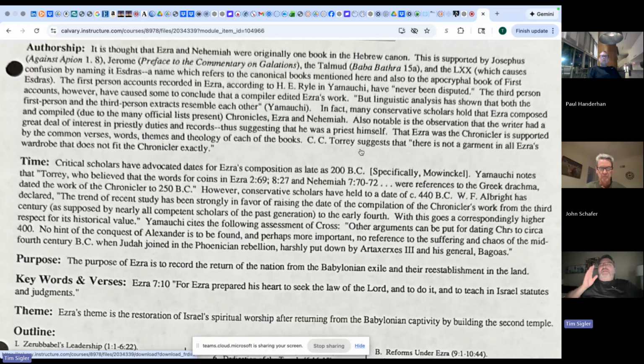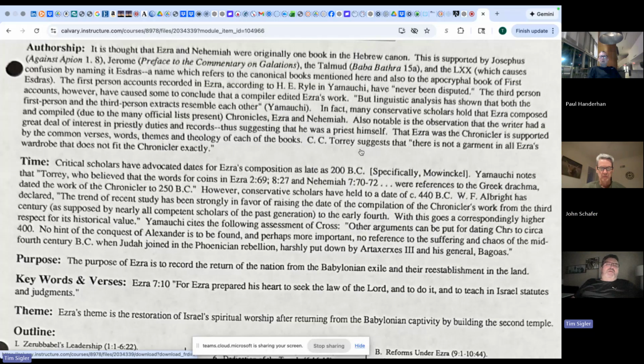No matter how many books there are in the way you number them, almost like when you come to, in our English Bibles, First and Second Kings, well, that's all one book in Hebrew, or First and Second Samuel. They aren't two different books. They're Shmuel Aleph and Shmuel Bet.